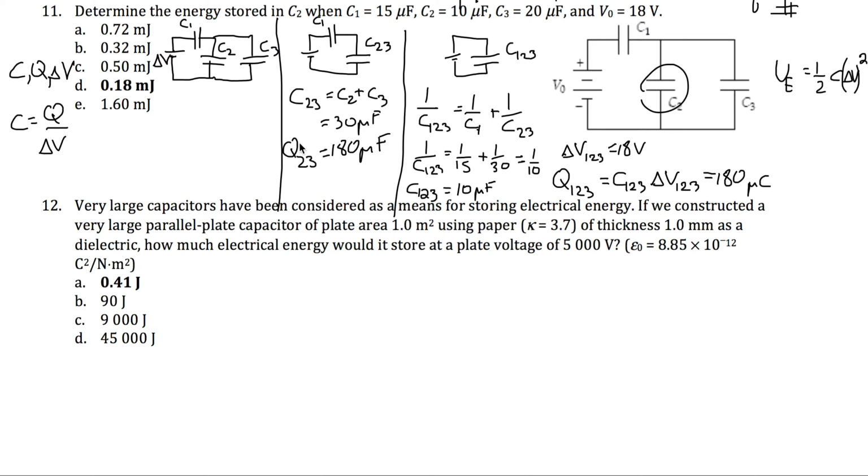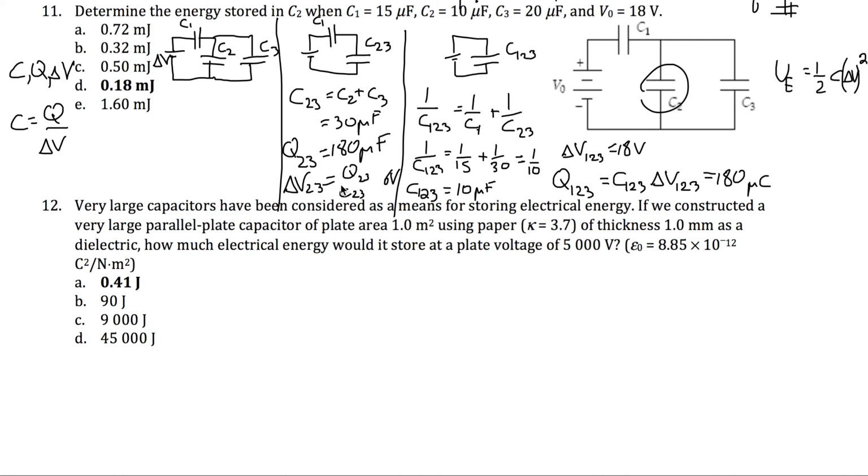Now I can find the potential difference across this capacitor, because I always want all three variables. It's Q23 over C23, so 180 divided by 30, the micros cancel out, and I get 6 volts.